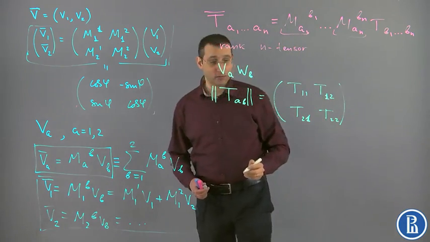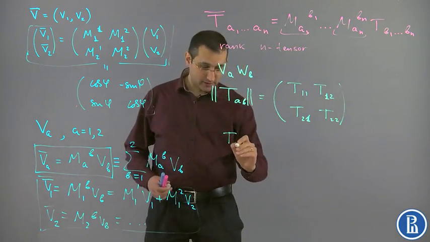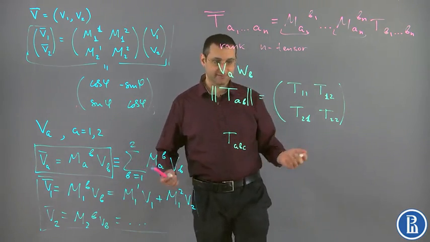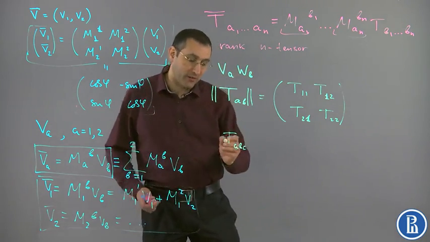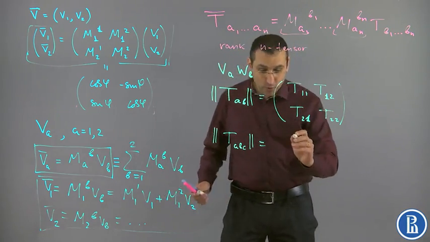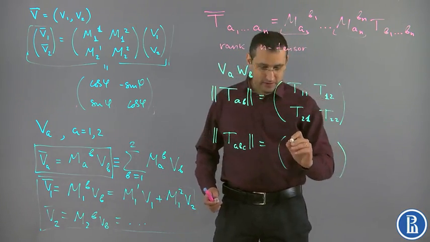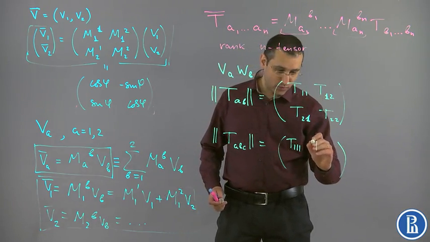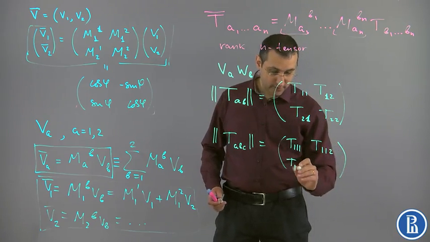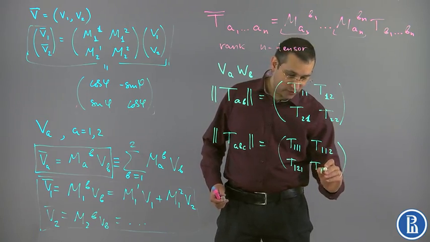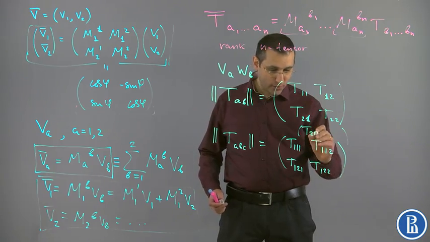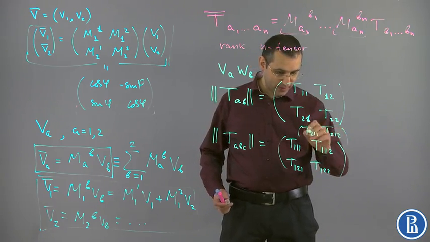But if you have a tensor with more indices, its placement into a matrix is already cumbersome. In principle, we can place it in a cubic matrix of the following form: T111, T112, T121, T122. And then there is a second layer, T211, T212, and so on.